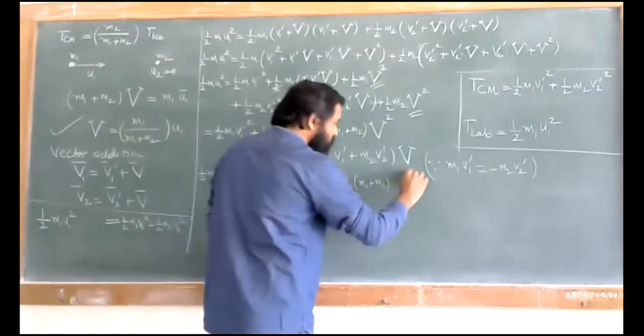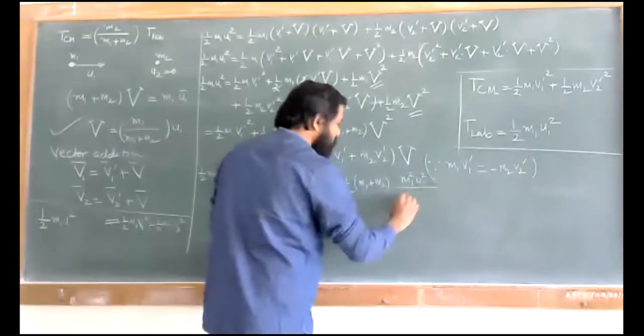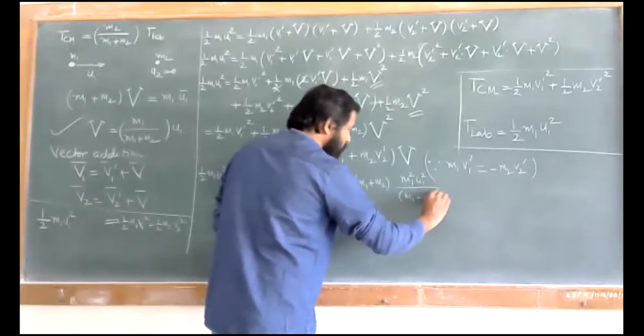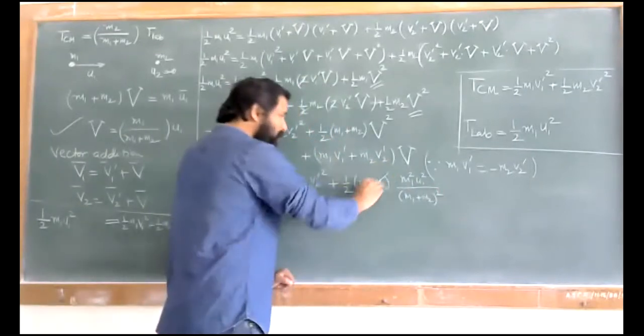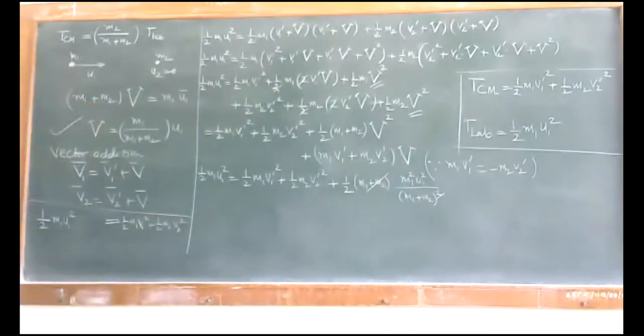So I can write this as m1 square into u1 square divided by m1 plus m2 bracket square. So m1 and m2 cancel, and you get the term 1/2 m1 u1 square divided by m1 plus m2. So you can have these points in terms of the conditions.